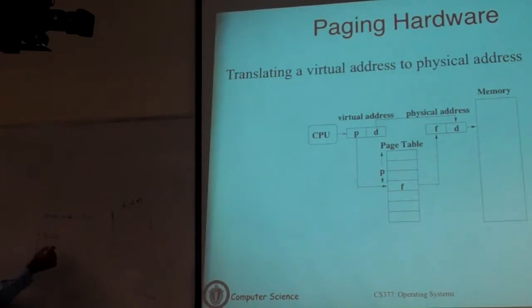The question is, take logical address 127, and you have to generate a physical address from it.